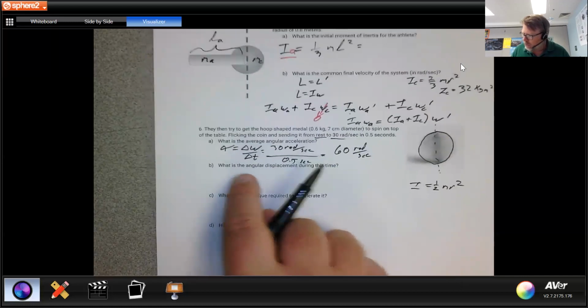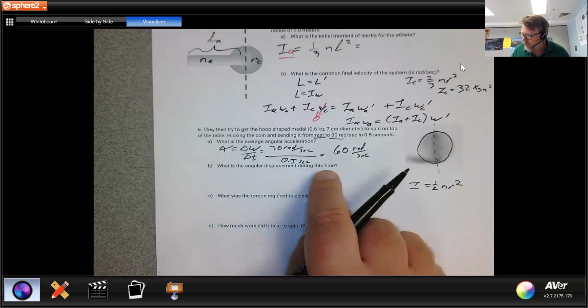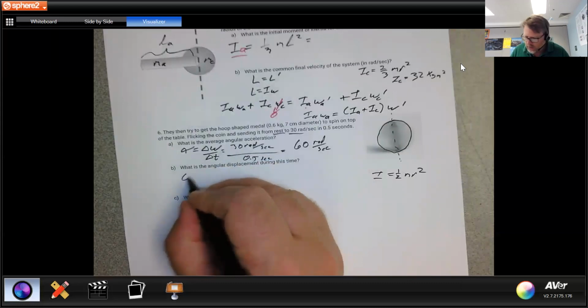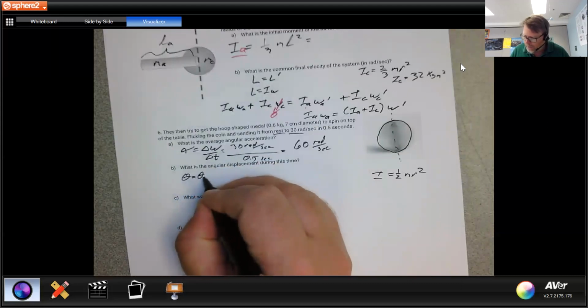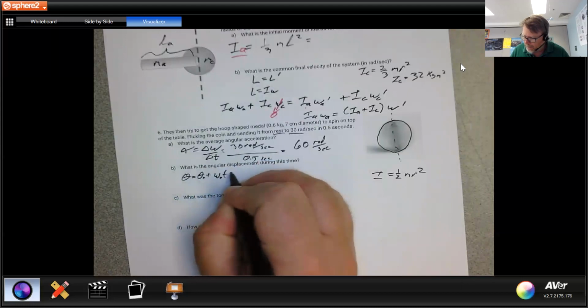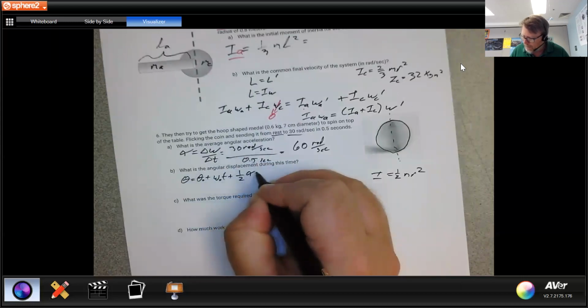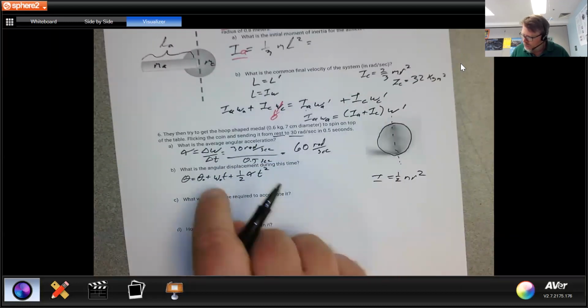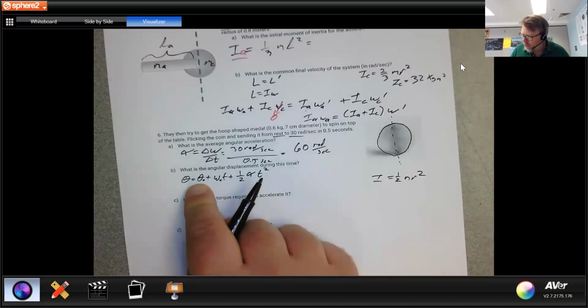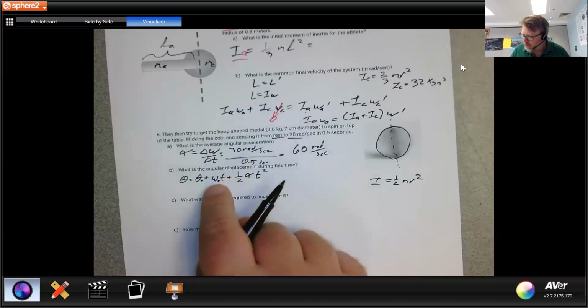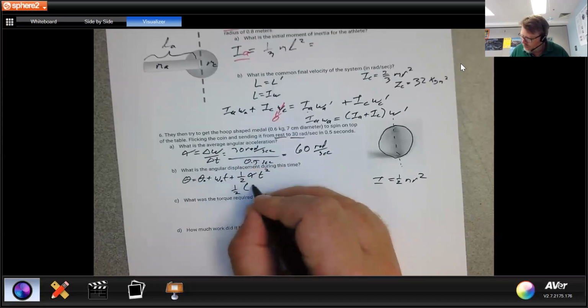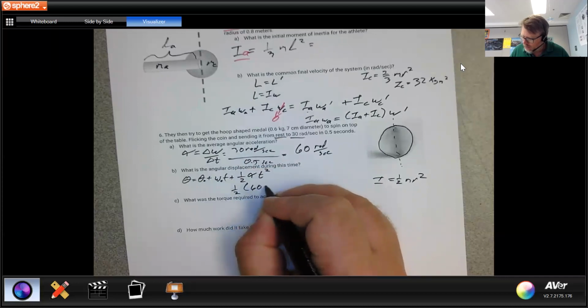All right, next one. There's different ways to solve this. The angular displacement during this time. We can set the initial point to 0. It started from rest, 0, so we're going to do 1/2 times 60 radians per second.